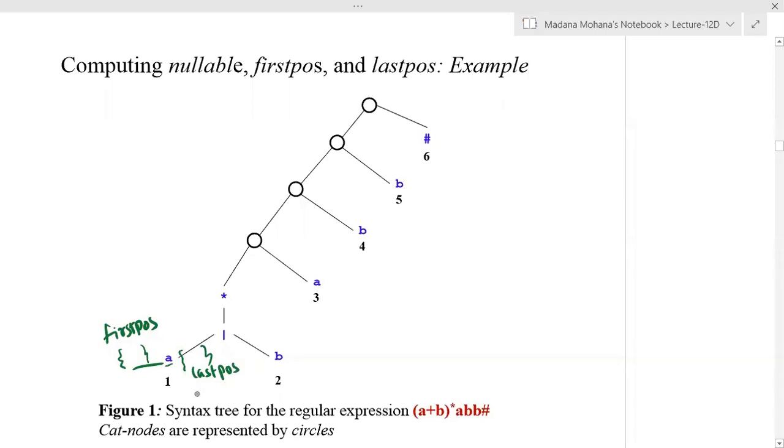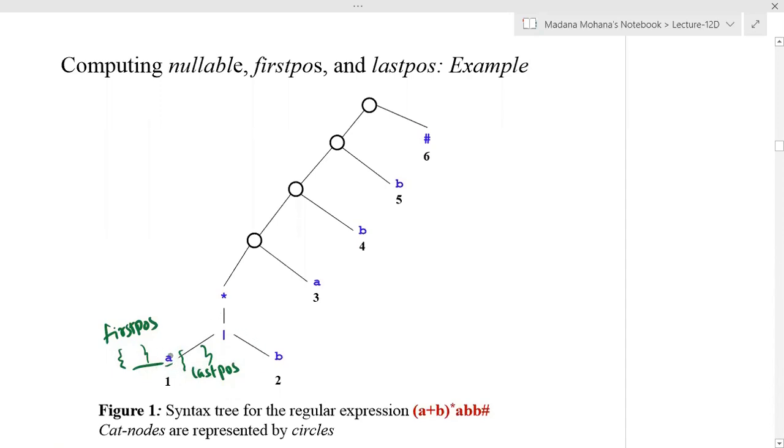Follow position we will obtain later using the first and last position values. So these are the notations we will use: for a node, the left set brackets include first positions, and the right set brackets include last positions.